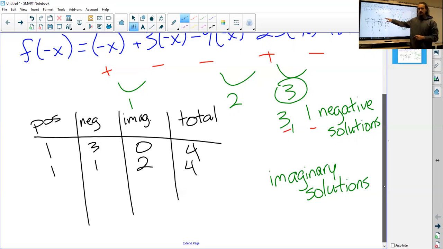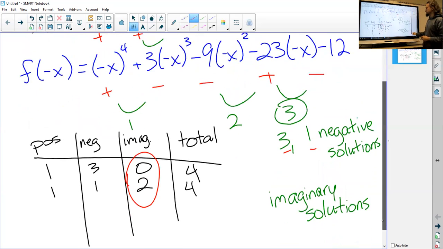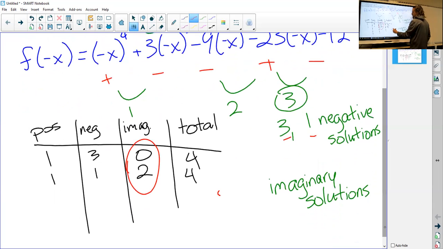If you want to find the imaginary solutions, we take all the combinations of positive and negative that we worked out, and that gives us all the possible imaginary solutions. So there's either 0 or 2. I should switch that order around because usually it goes greatest to least.